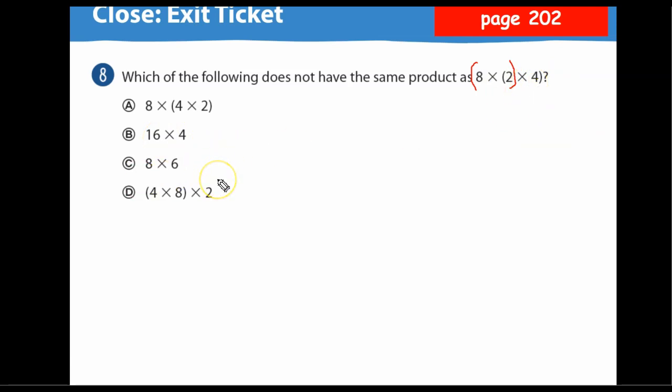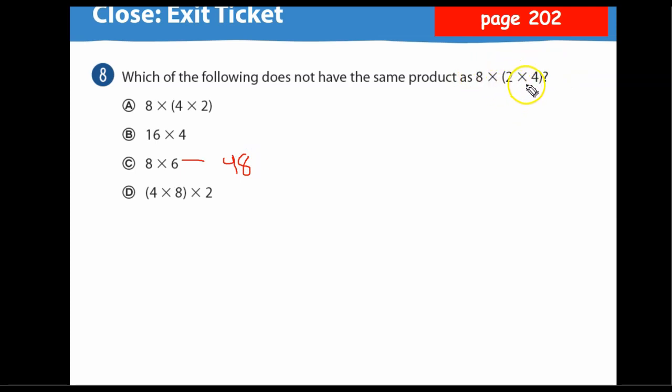8 times 6? So 8 times 6, you're telling me that when I multiply 2 times 4, I get 6. You gotta look closely, okay? They're saying that 8 times 6, which is 48, is the same product as 8 times 2 times 4.